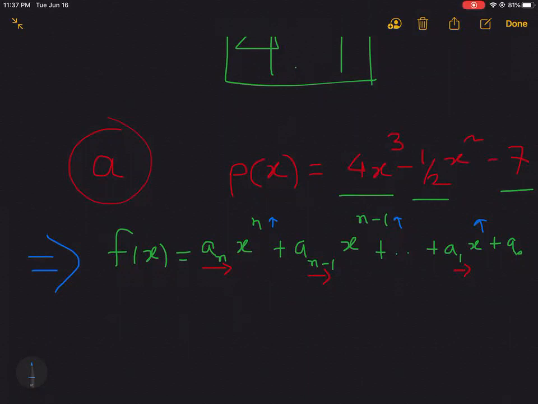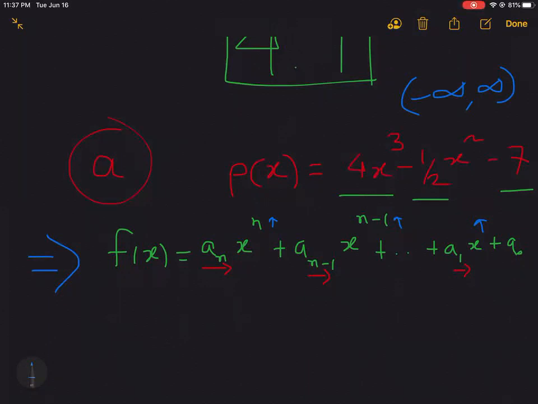So whenever you see a polynomial, if the question says what's the domain of that, straight away say the domain is from negative infinity to infinity, or the set of all real numbers.